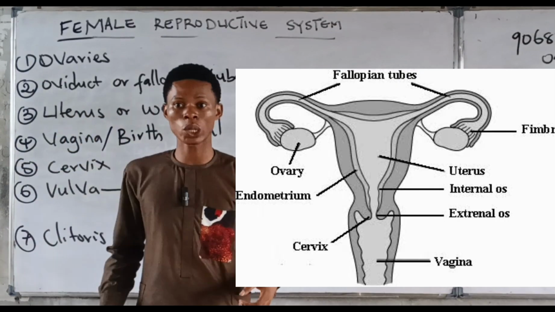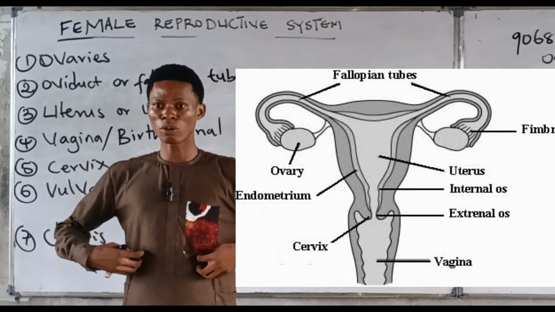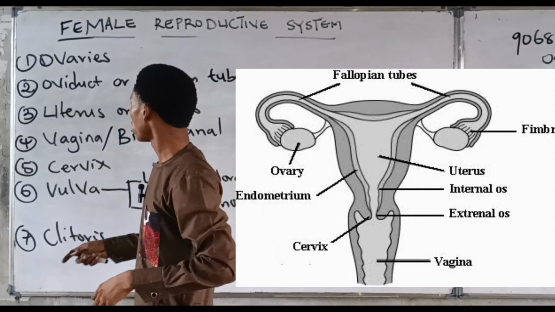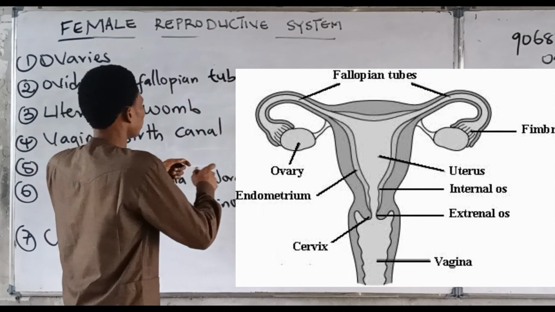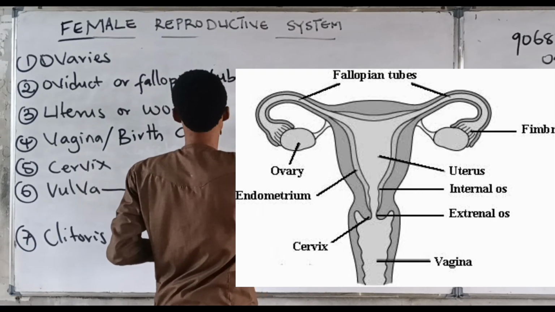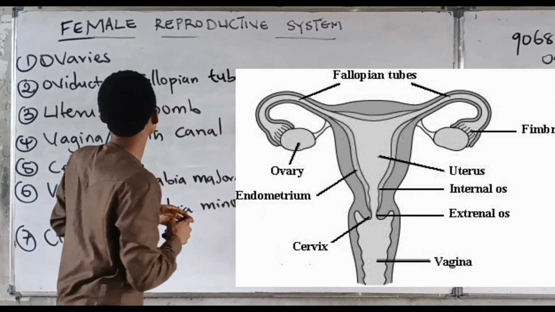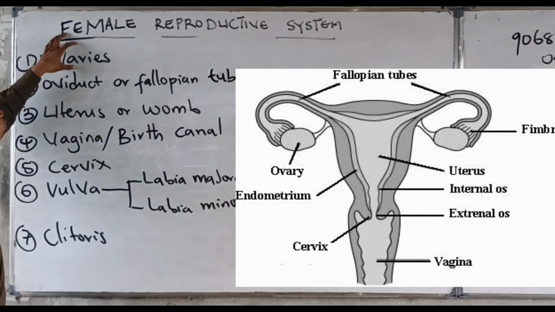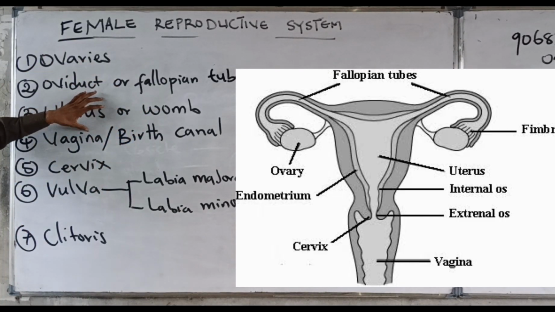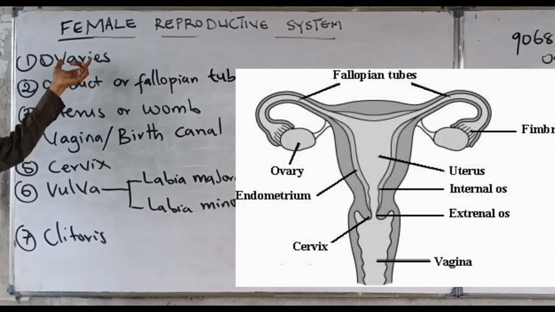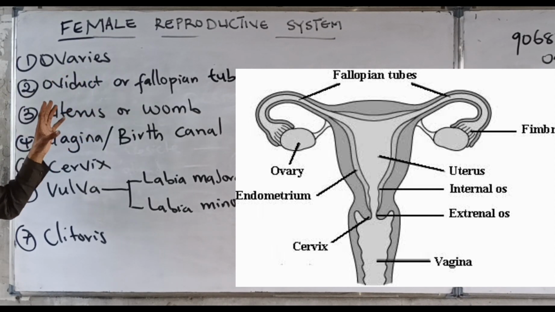They have 2 ovaries, each located on either side of the vertebral column, is it not? The oviduct or fallopian tube is the link between the ovary and the uterus or womb.